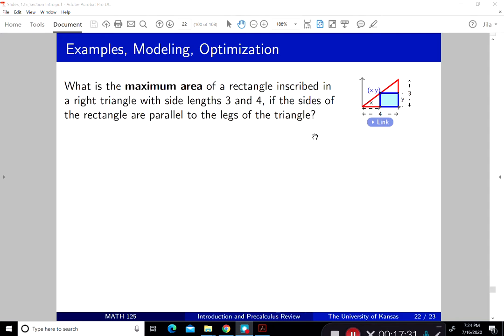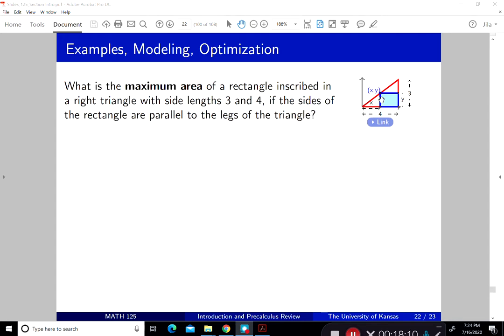We're not equipped to deal with functions of two variables, so we have to convert one variable to the other variable. Calculation-wise, this one's a little easier, and I recommend trying to consider this side to be x instead of this little length to be x, and see how the calculation becomes a little more algebraically complex if you switch the x.